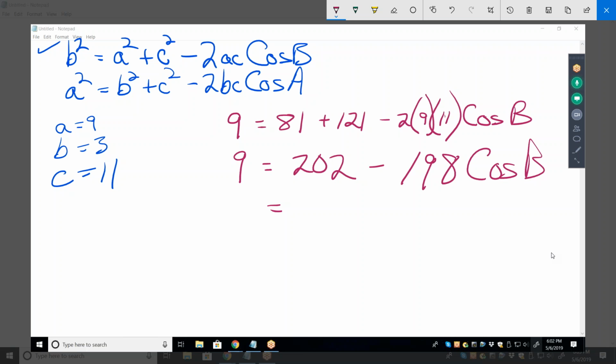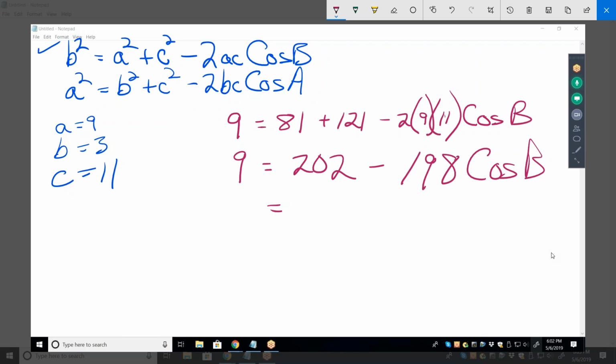So do you have to isolate cosine B? Exactly. The only variable at this point is that angle B. So before we can solve for angle B, we have to solve for cosine of B. And then once we get that, we can figure out what B is.